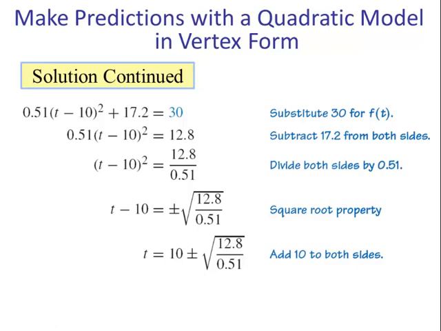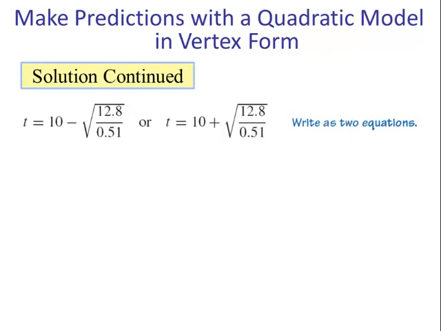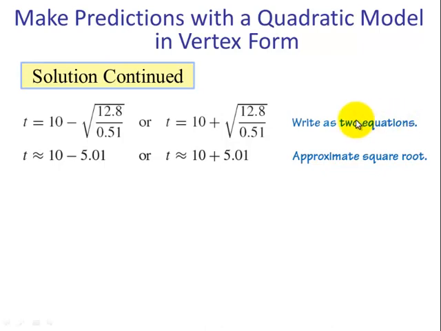divided by 0.51. Writing this as two equations, and we need to approximate this because these values here will be our time. So we have t is approximately equal to 10 minus 5.01 or 10 plus 5.01, and you should use your calculator to verify that this is true. So we have t is approximately equal to 4.99 and t is approximately equal to 15.01.